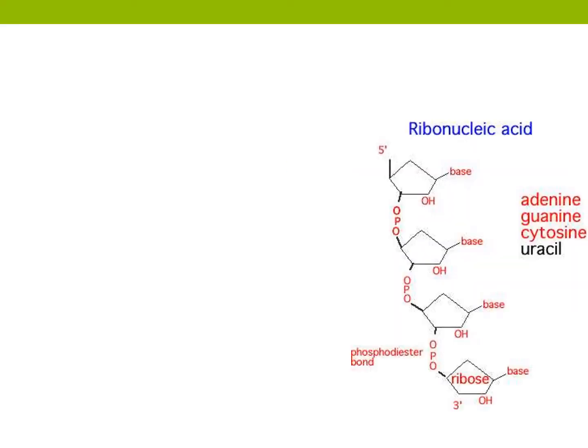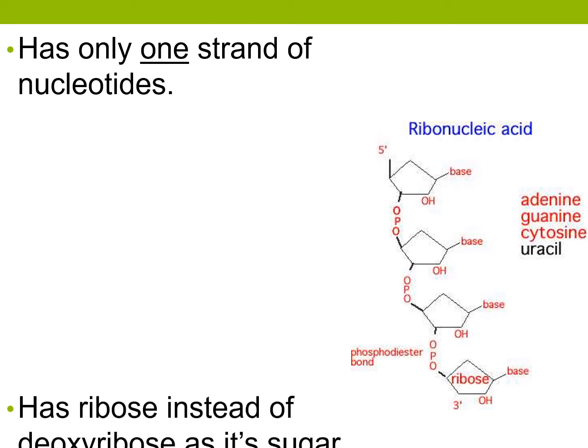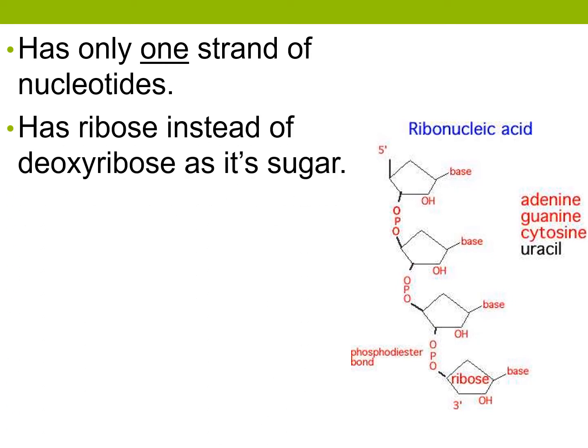So how does this take place, Miss Cheek? Well, again, RNA only has one strand of nucleotides, and has ribose as its sugar instead of deoxyribose. So RNA to me is like, DNA is like Jordans, right?